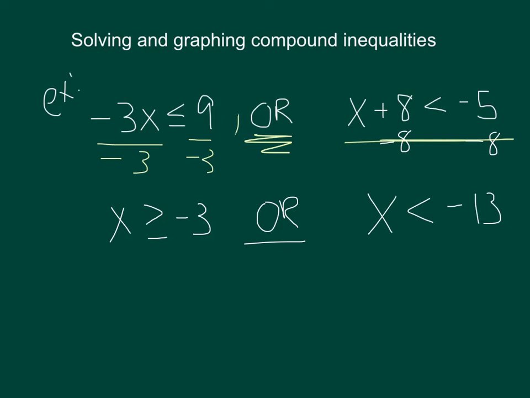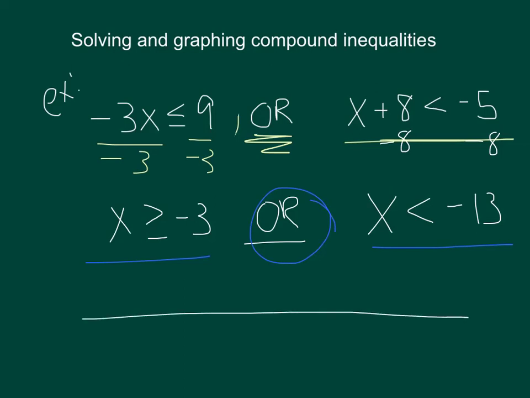Now I have two inequalities joined by an "or", and we're going to graph this on a number line. I'm going to plot -3 and -13 and 0. Be careful that negative 13 has to be on the left of negative 3. Now, x is greater than or equal to negative 3.